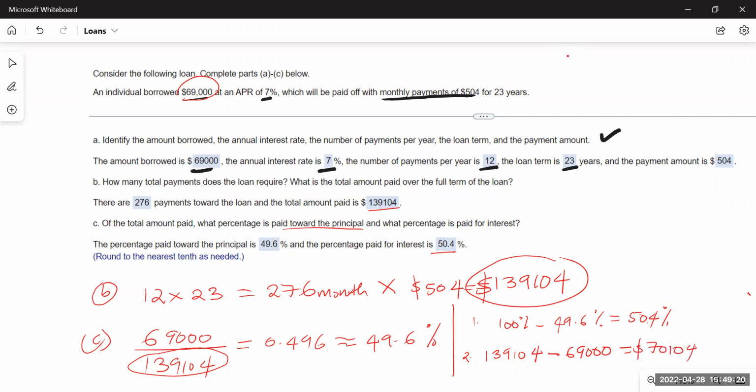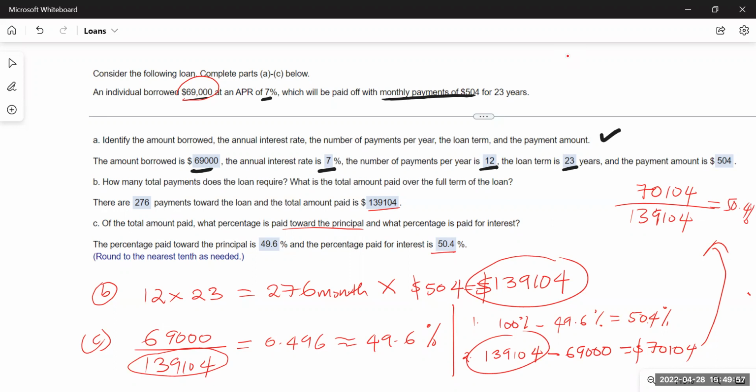Now all these are in dollars. If I want to find the percentage, I just need to do $70,104 divided by the total, which is $139,104, and that would give me 50.4% as the interest. So 50.4% of the payments, a little over half, went towards interest.